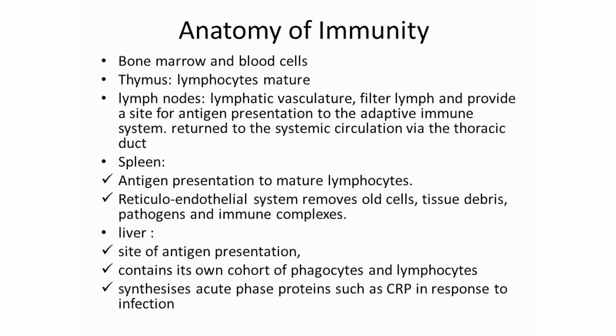Then there is the spleen, whose function is antigen presentation to mature lymphocytes, the reticuloendothelial system, and removing debris and old cells, we all are aware. And then the liver has functions: it is a site of antigen presentation. It has its own cohort of phagocytes and lymphocytes, and the liver is able to synthesize some proteins involved in the immune mechanism. That is the basic anatomy.